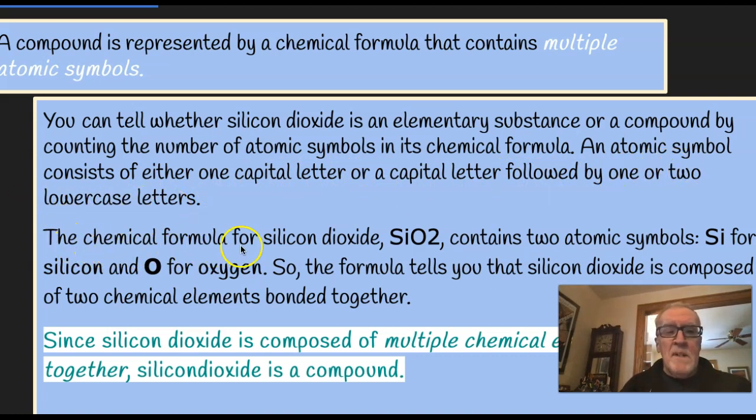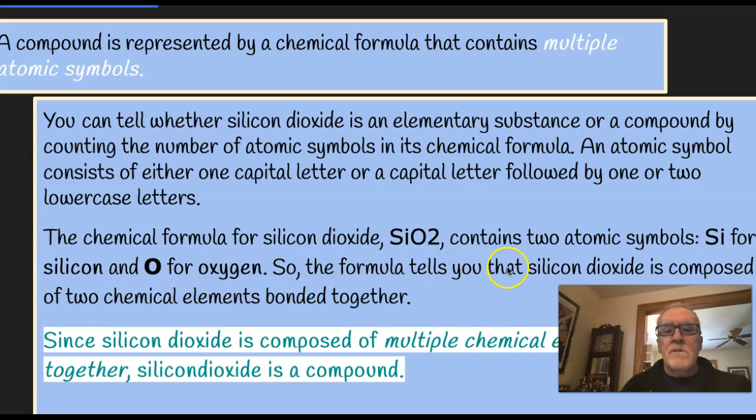The chemical formula for silicon dioxide, SiO2, that 2 should really be a subscript, but that's okay. Now you know that there's two symbols because you've got capital S, lowercase i, that's one element, and then uppercase O, there's another element. It contains two atomic symbols, Si for silicon and O for oxygen.